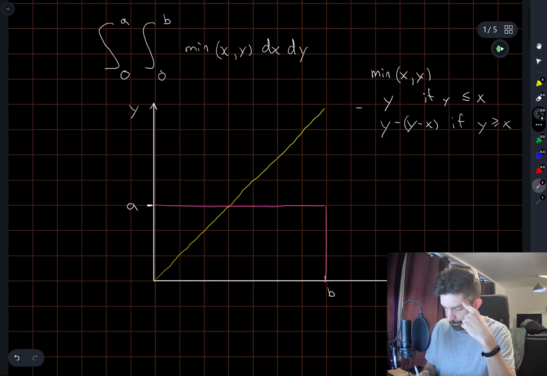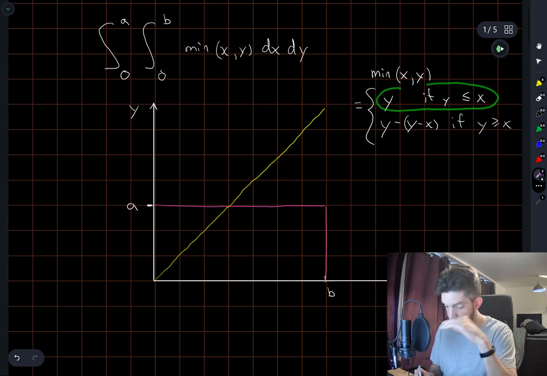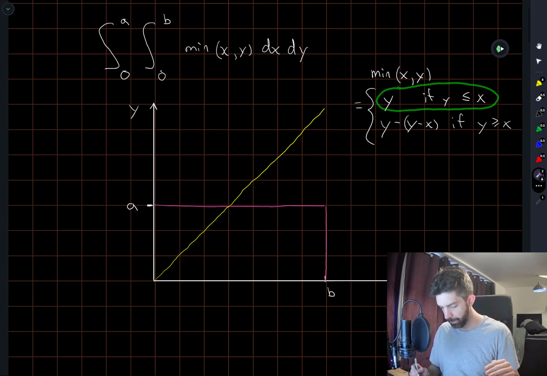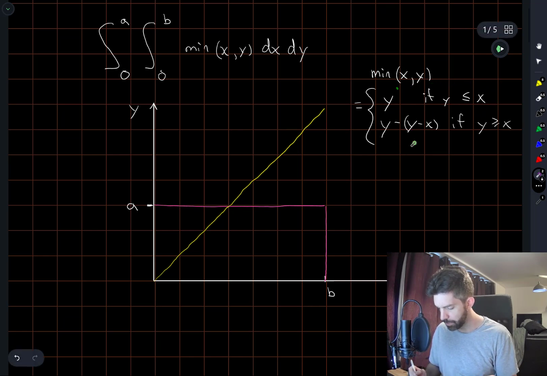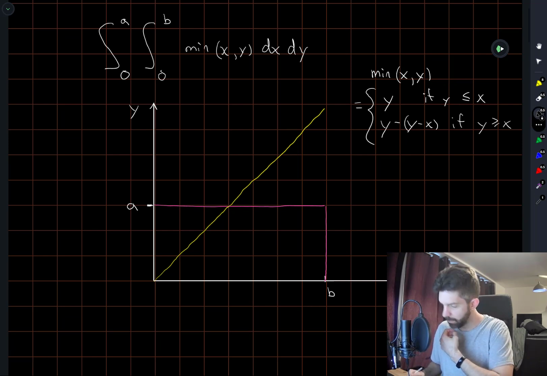And so I'm thinking here, we integrate y over the entire rectangle. And then, oh, we're not going to want to subtract this. Let me think for a second here.